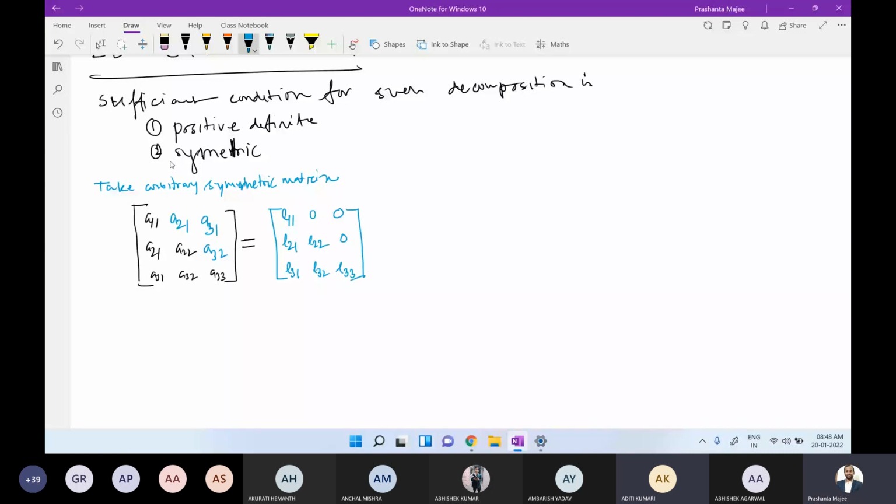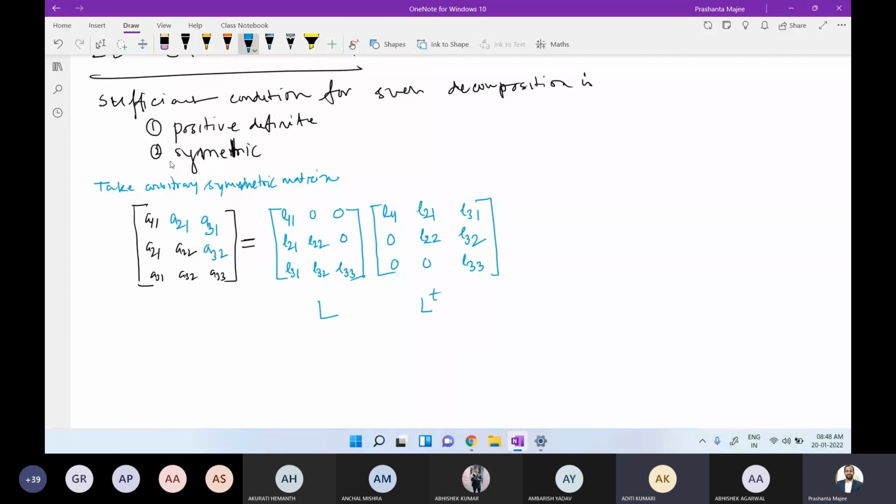So L transpose will be L11, L21, L31, 0, L22, L32, 0, 0, L33. So this is L, this is L transpose.